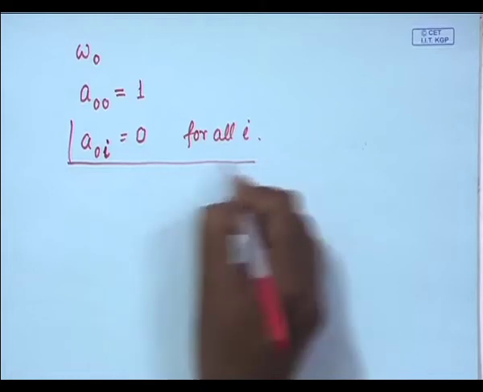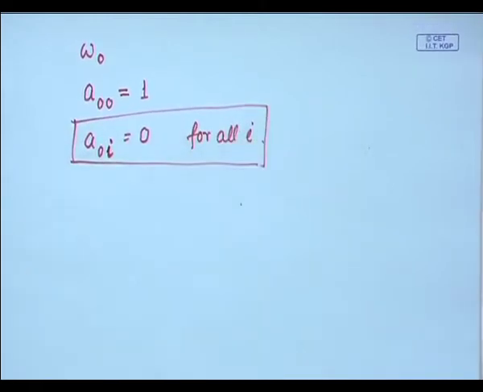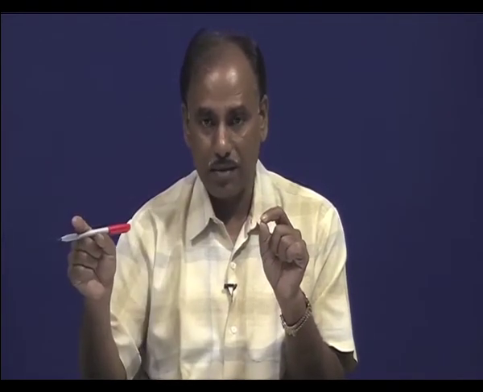Okay. So, this is very important. I will have A00 equal to 1, because from the final state it can make an infinite number of transitions within the same state, but it cannot make a transition to any other state. So, A0i for all states i will be equal to 0, whereas A00 will be equal to 1.